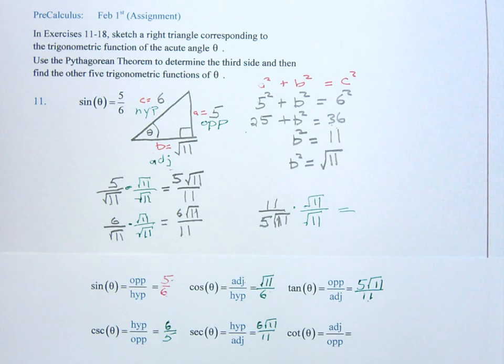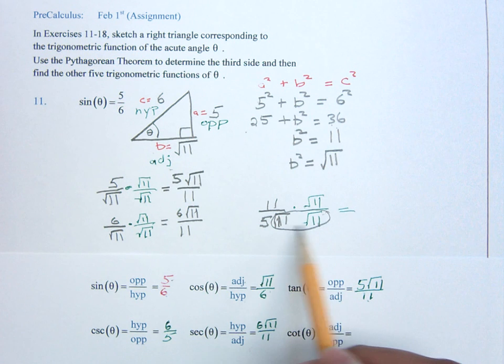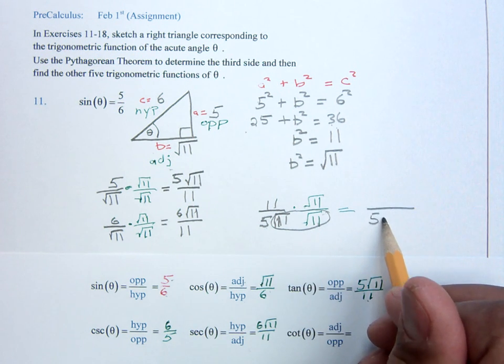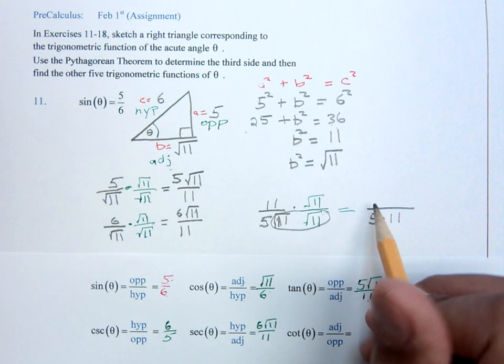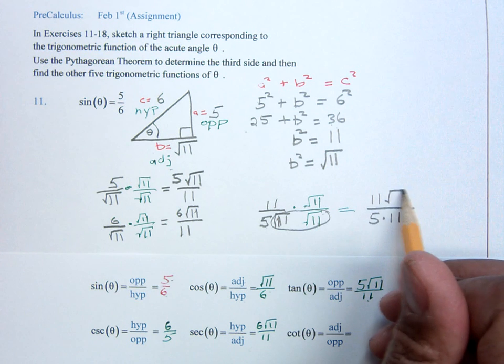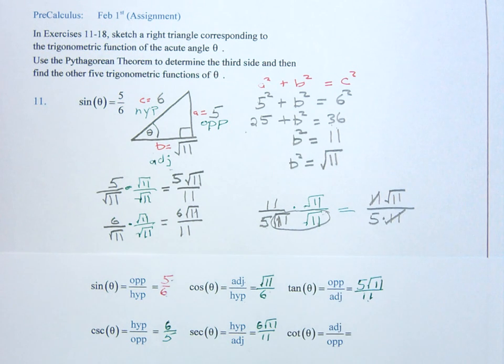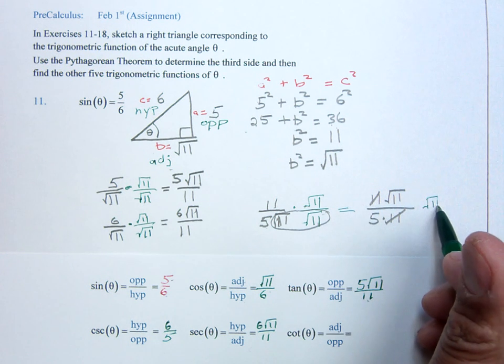Radical 11 times radical 11 is 11. So the denominator will be 5 times 11. The numerator will be 11 times the square root of 11. And we're going to be able to simplify these two. So our final answer there will be the square root of 11, or radical 11 over 5.